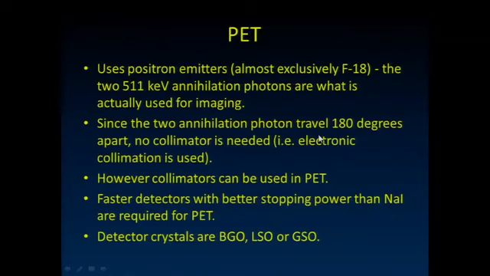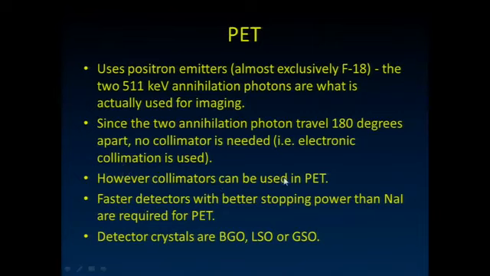Not quite true because of the little bit of kinetic energy that positron had, but very, very close to being true. So we really don't need to use any collimation. If we can just detect the two events, we know that they were traveling along the same line. So there's no need to use collimation because we already know the path along which that event was moving.